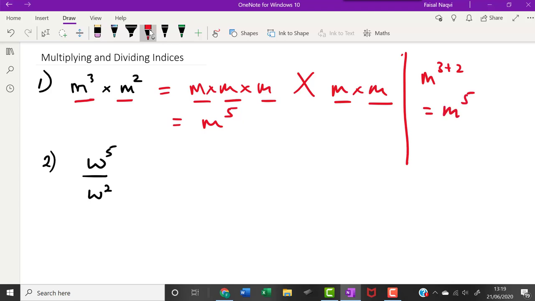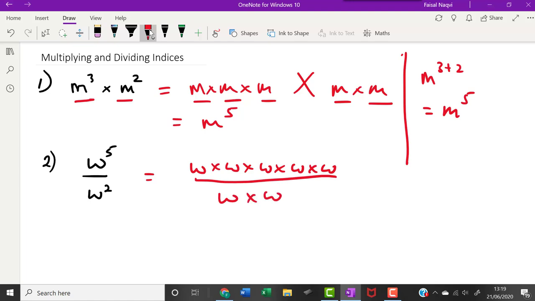If I look at number 2, now what does this mean? W to the power 5 is w times w times w times w times w. And all that is divided by w squared, which is w times w. What can we do here? Well, w divided by w cancels out, w divided by w cancels out, and I am left with w to the power 3.